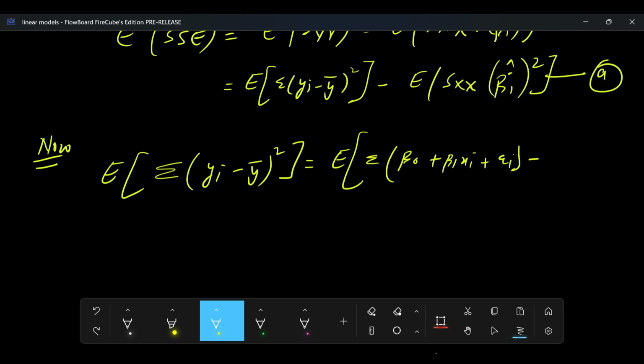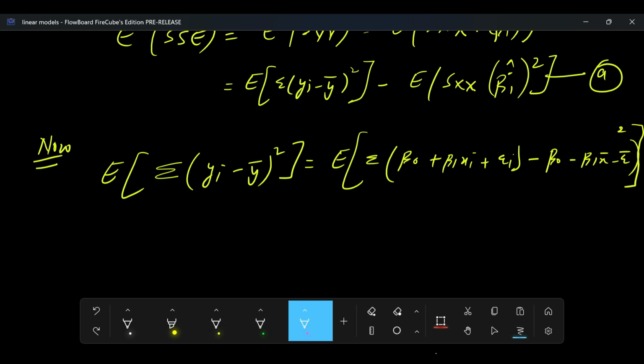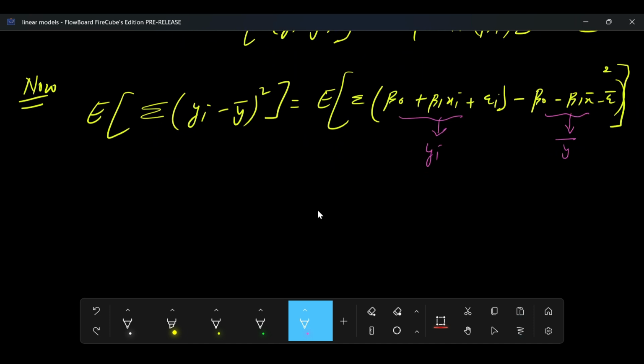Minus, in place of y bar, replace it by beta naught plus beta 1 x bar plus e bar, square. So this is yi and this is y bar. Clear? Now solving this equation.